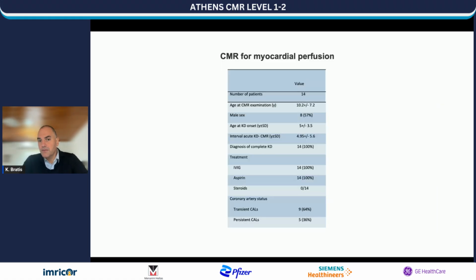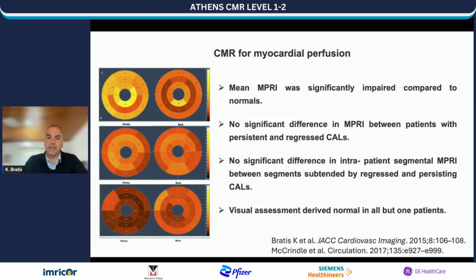For microvascular dysfunction, our team worked on that a few years ago. We analyzed adolescent patients with Kawasaki disease using semi-quantification with stress perfusion, and we managed to demonstrate that mean perfusion reserve index was significantly impaired compared to normals.